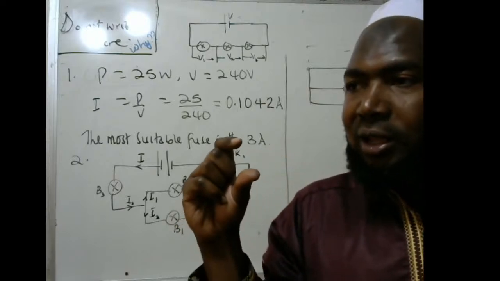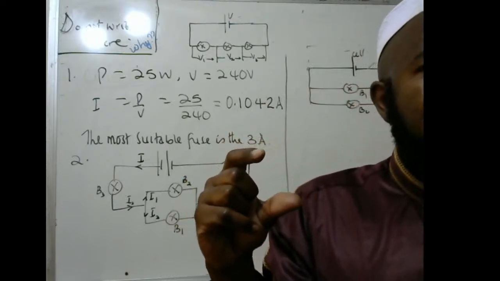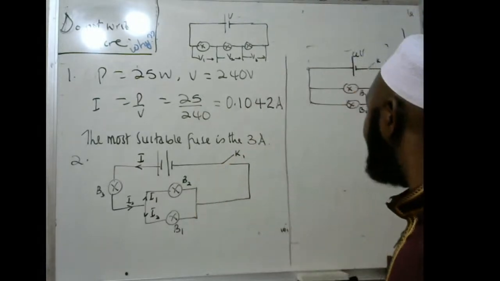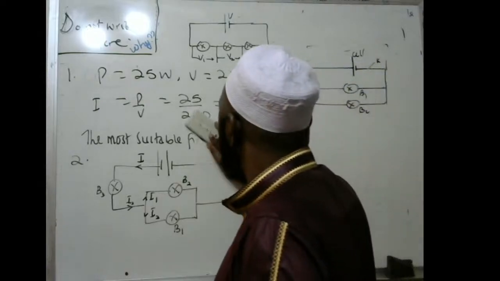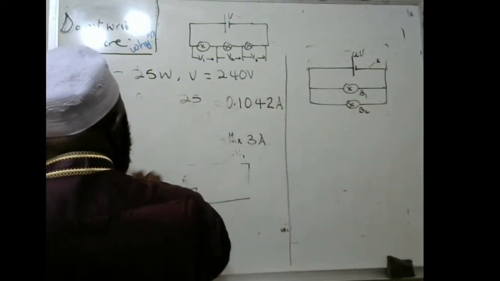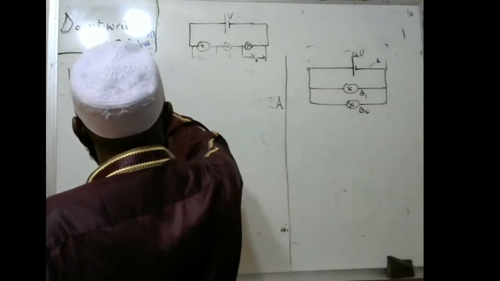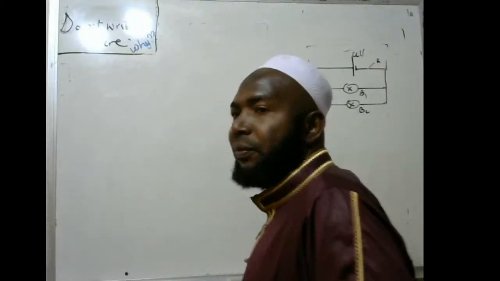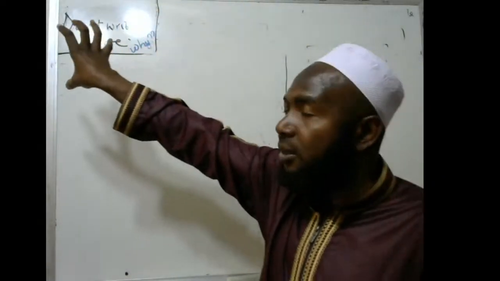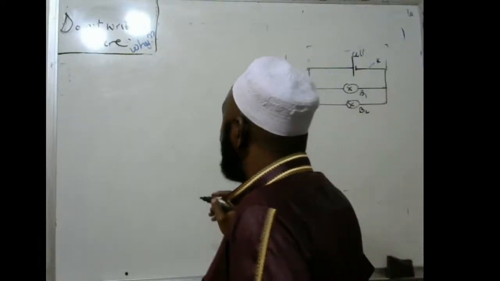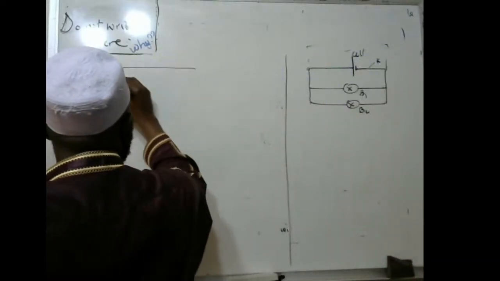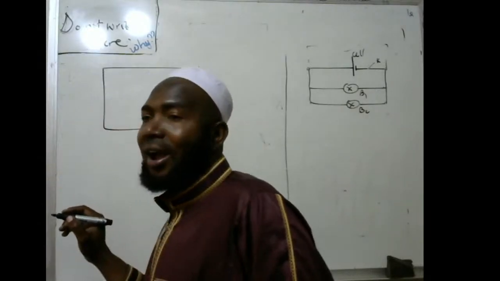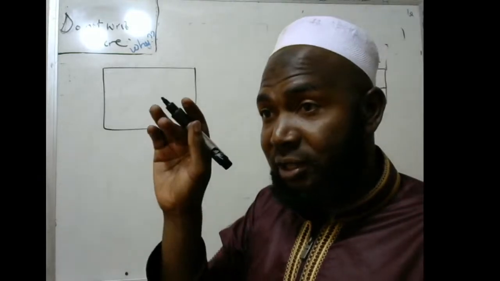And then as it enters the building, it reaches what we call the consumer unit. I don't know whether you have ever seen it, normally in the sitting room, they put it at the top, where we have something of this nature, like switches.